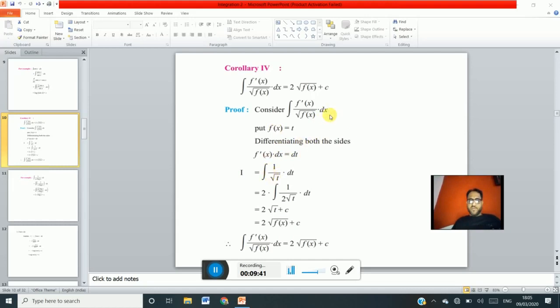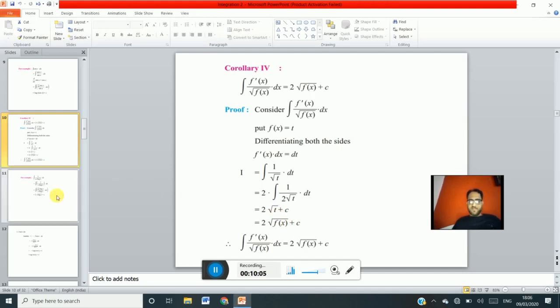So what do we get after substitution? 1 by root t dt. Now if we adjust 2 here, multiply and divide by 2, we get 2 into 1 upon 2 root t dt, and the integration of 1 upon 2 root t is root t plus c, that is 2 times root t, meaning 2 root f of x plus c. This is the result of this corollary, right?